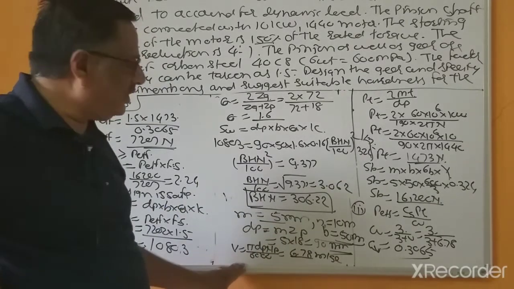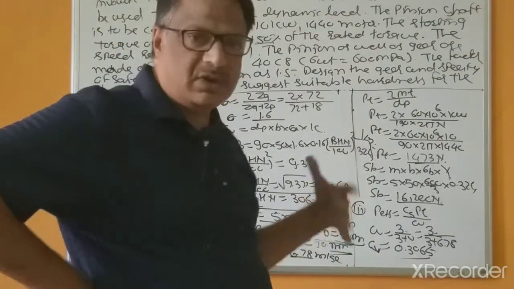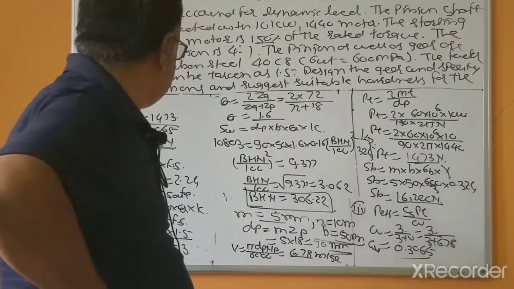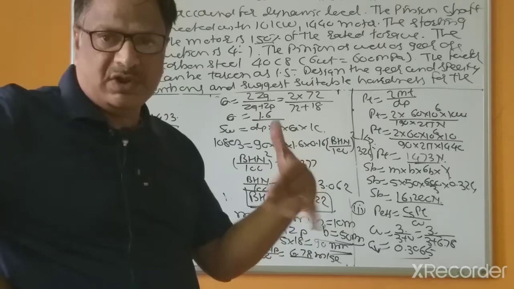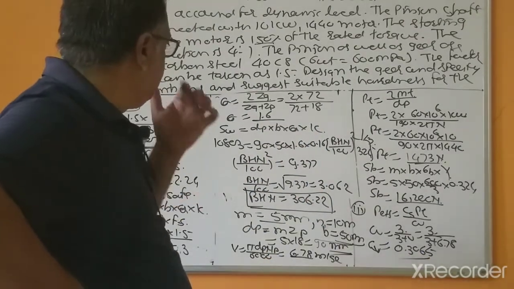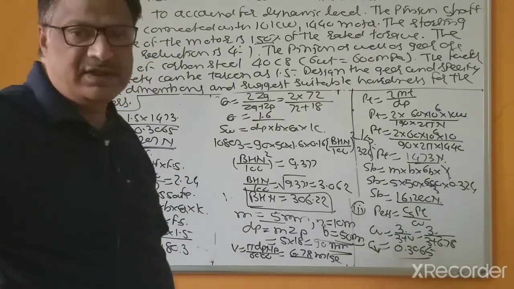This is only for checking purposes, because this design is based on assumptions. We assumed CV equal to 3 divided by 6 and V equal to pitch line velocity, that is 5 meters per second. So we have to calculate the effective load, and we have to check whether the design is safe or not.